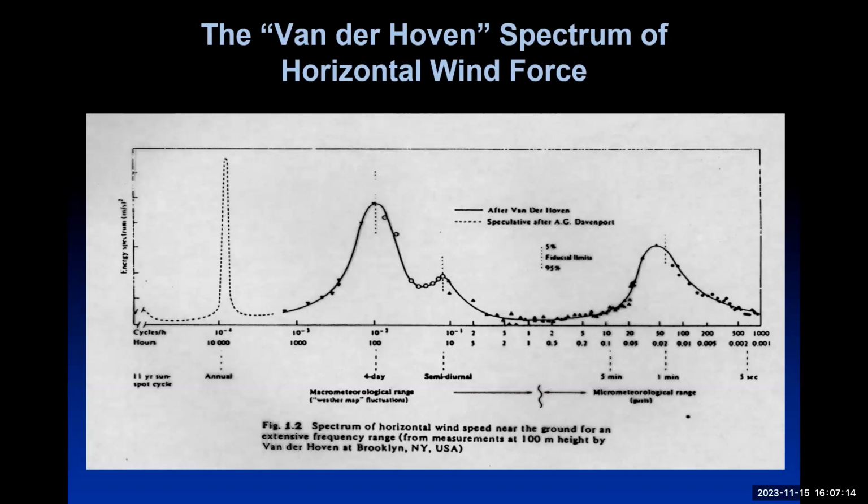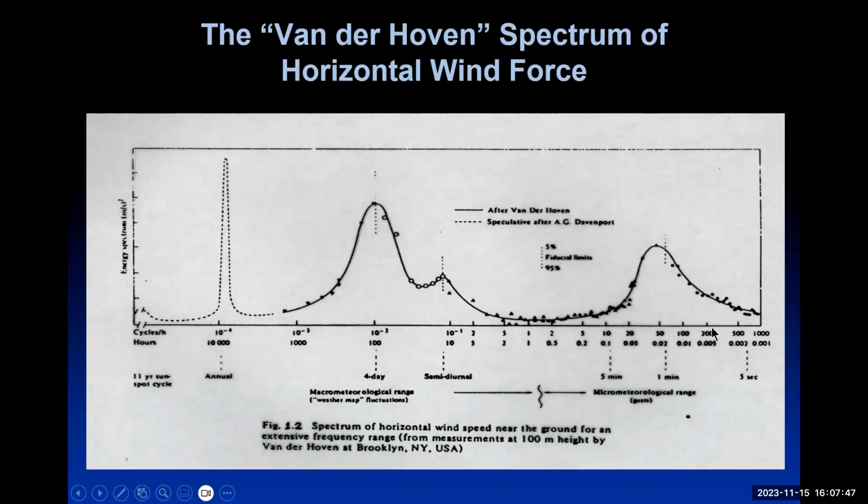This is the Van der Hoven spectrum, and this is why wind engineering is so important for bridges. Here we have the micrometeorological peak, and this is one cycle every 10 seconds, 40 seconds, we've got one cycle per hour, we've got semi-diurnal, we've got one cycle every 4 days, and so on.